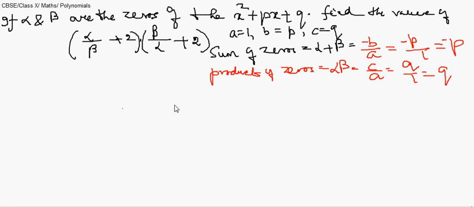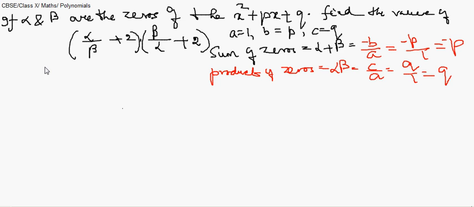Now we have to find this product, alpha by beta plus 2, beta by alpha plus 2. Why do you take LCM? Either that or you remove the bracket. So let us remove the bracket.